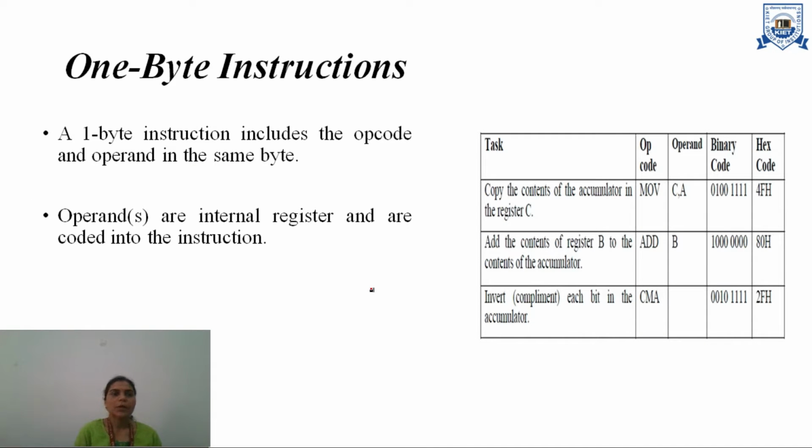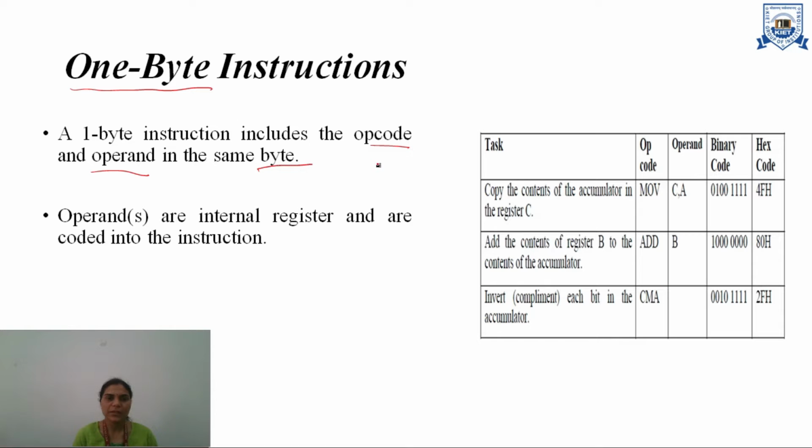First, the 1-byte instruction format. As its name suggests, the instruction has only 1 byte. So 1 byte includes opcode and operand in the same byte. Opcode and operand can be specified with the help of only 8 bits.